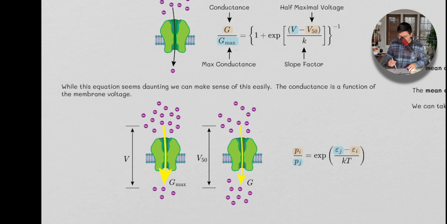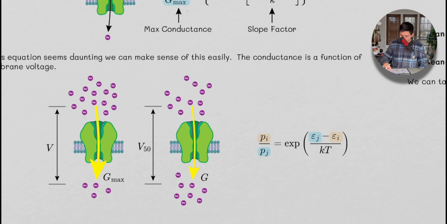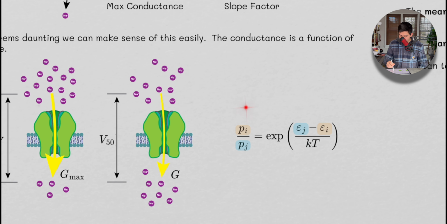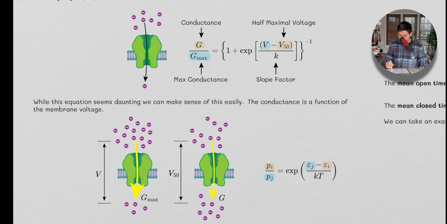Okay, then we have V50. This is just a constant. This is something that is intrinsic to the channel itself. And if we recall, this is what's called the Boltzmann distribution. It looks an awful lot like this EXP stuff in here, where we have G max.